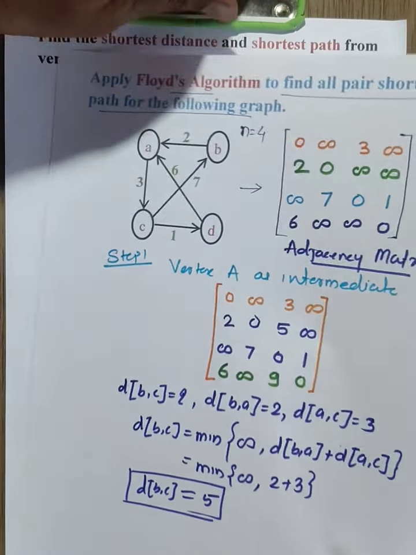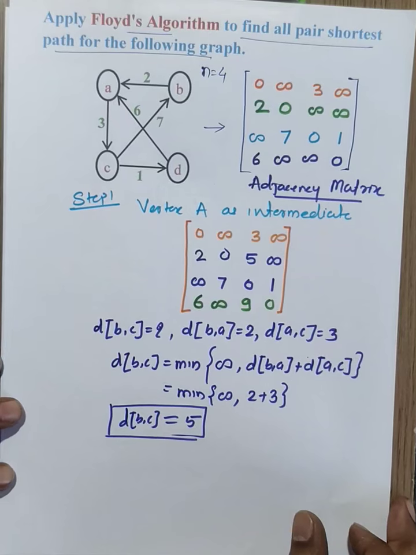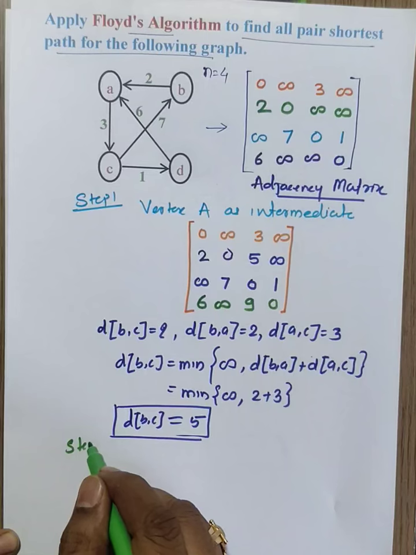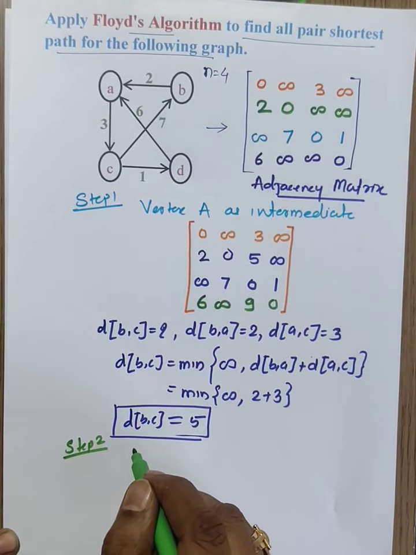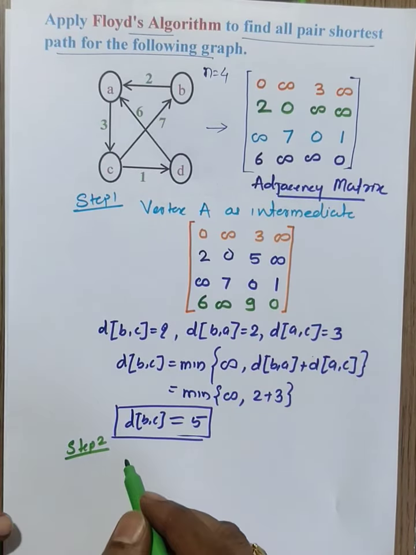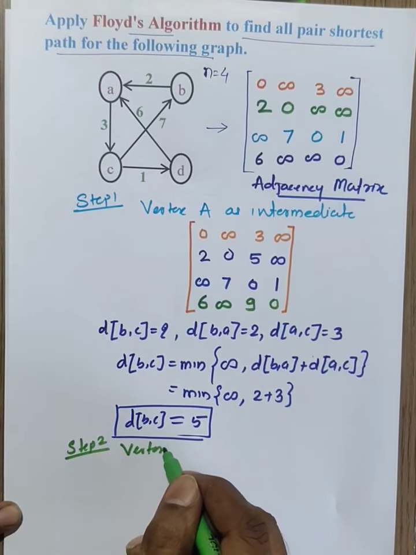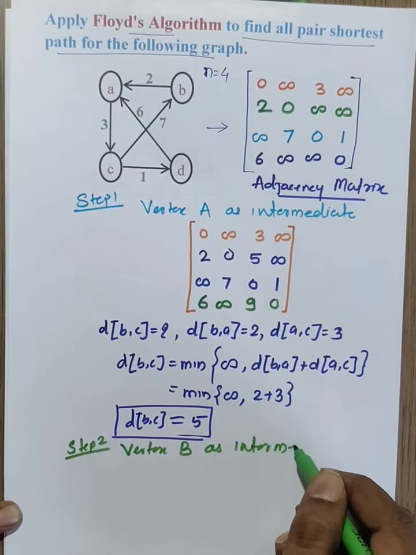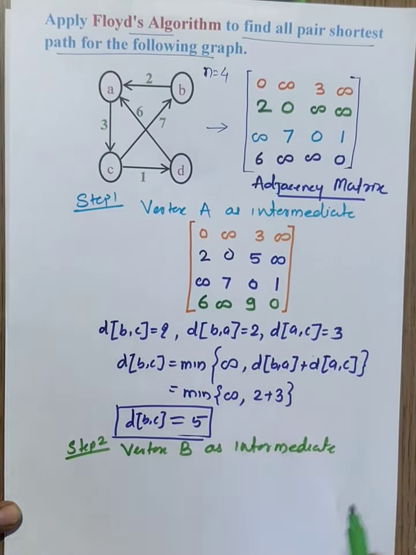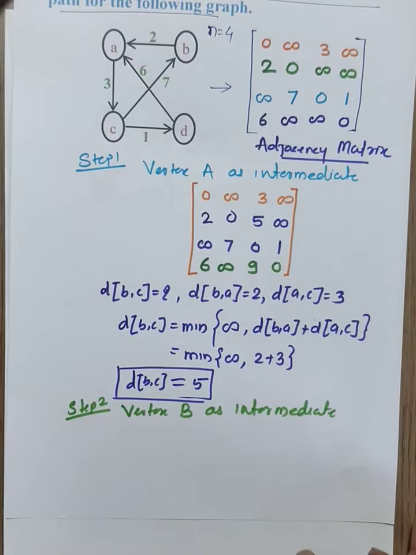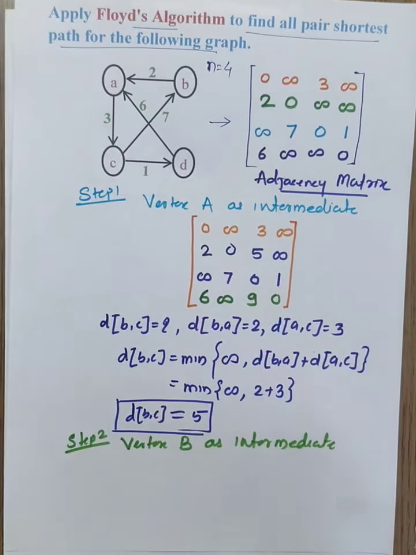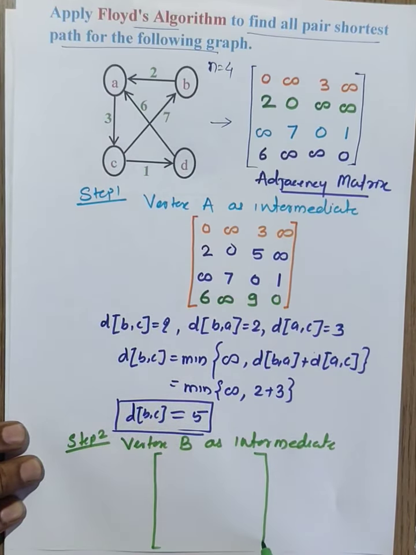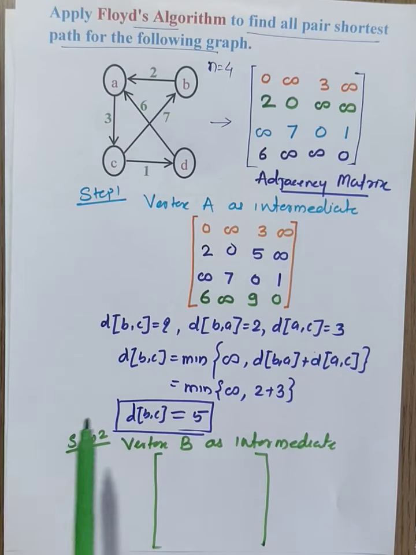In step 2, one vertex as an intermediate vertex. Means in step 2, vertex B as an intermediate vertex. If vertex B is an intermediate vertex, then check here.